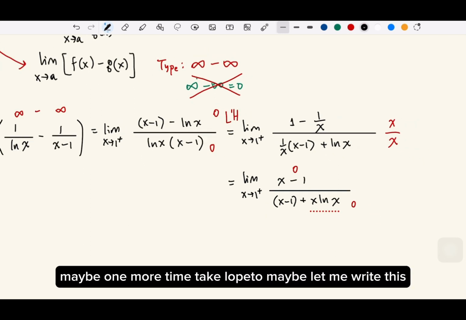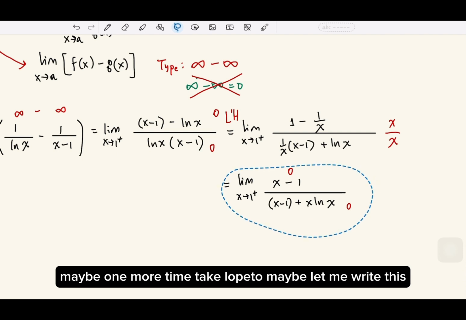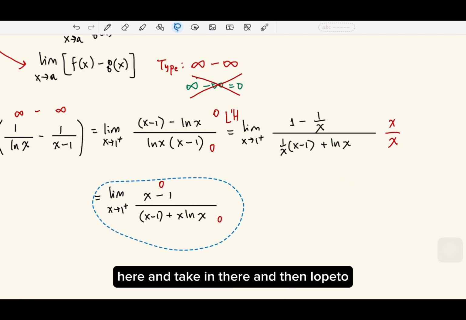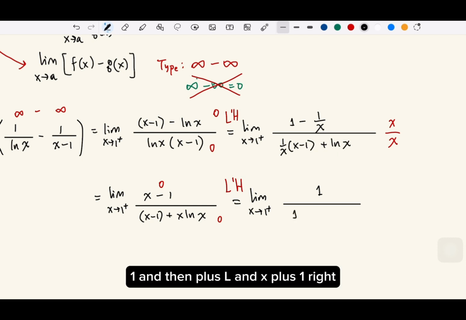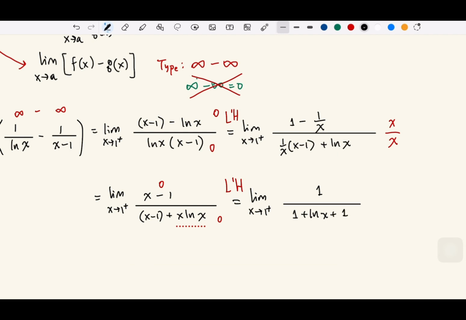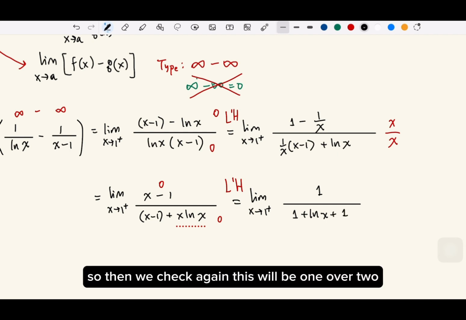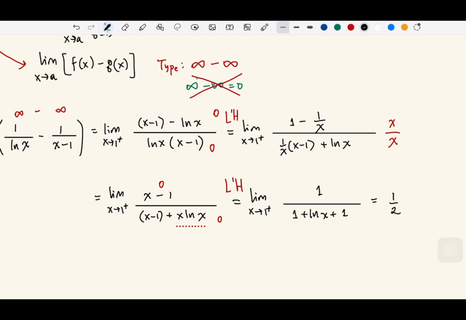Maybe one more time, take L'Hopital. Let me write this here, and then L'Hopital. So this will be 1, and then plus ln x plus 1, right? And then we check again, this will be 1 over 2.